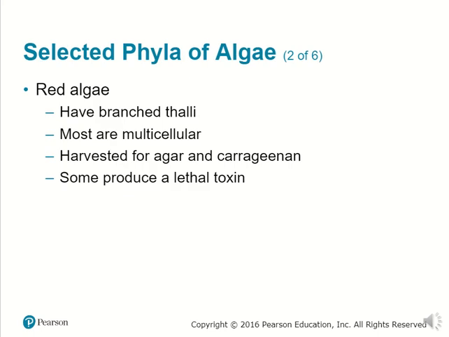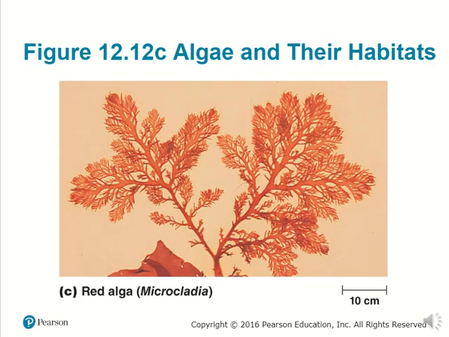For red algae, they have branched thalli. They are mostly multicellular and they can be harvested for a source of agar and carrageenan, and some produce a very lethal toxin.